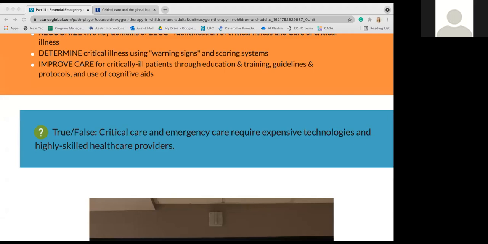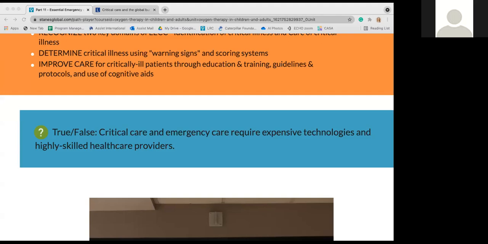So think about all the teams we need for critical care at the emergency. They have to be highly trained with many years of medical training? No. Do we need advanced and expensive equipment?